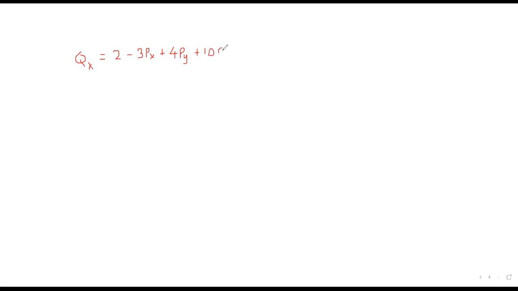You're given that the price of x is 2, the price of y is 3, and the income, M, is 5.